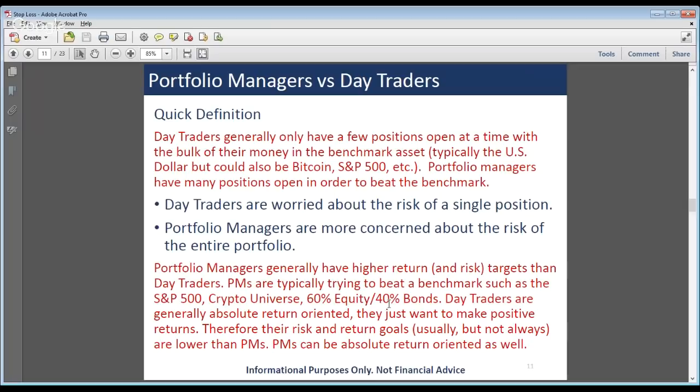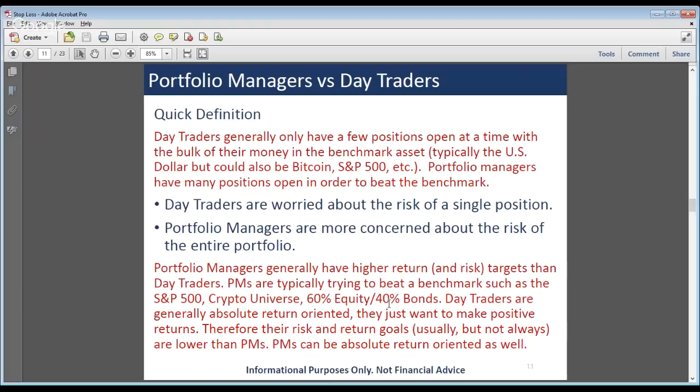Now, the benchmark for portfolio managers is much broader than for day traders. It could be against the US dollar, but it's much more likely it could be against Bitcoin, against the whole crypto universe, against the S&P 500, against global equities, against 60% equities, 40% bonds, it could be a blend of anything. But the point is they have many, many positions open in order to beat that benchmark.